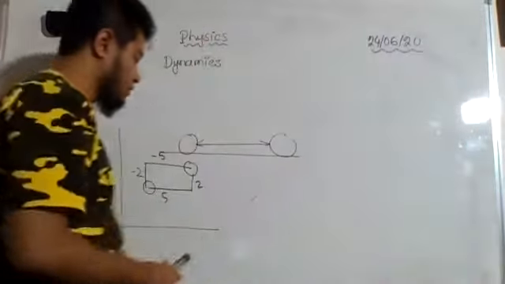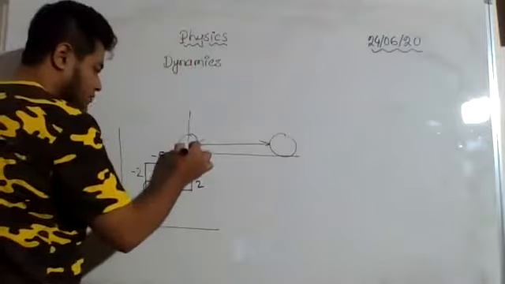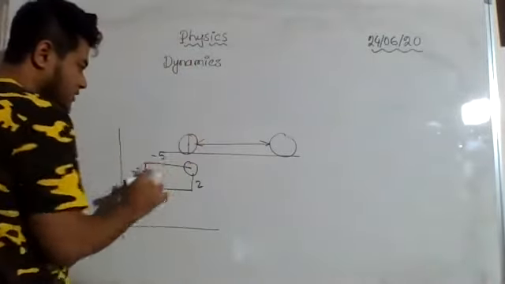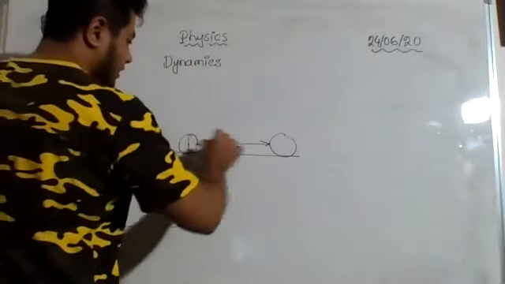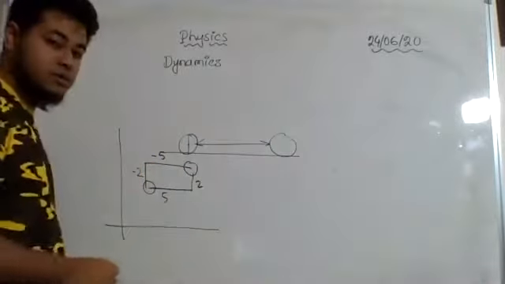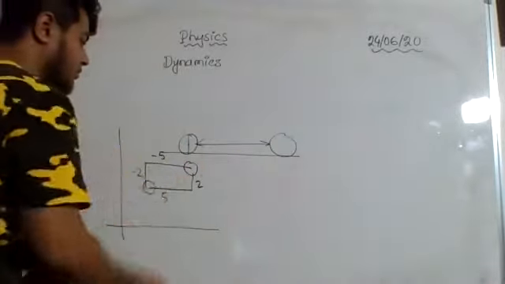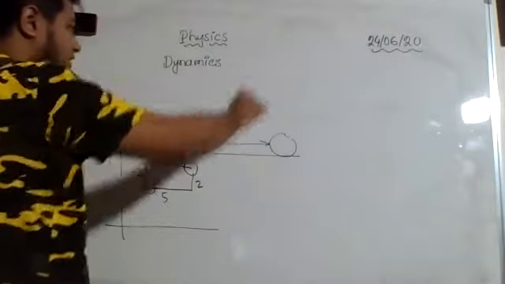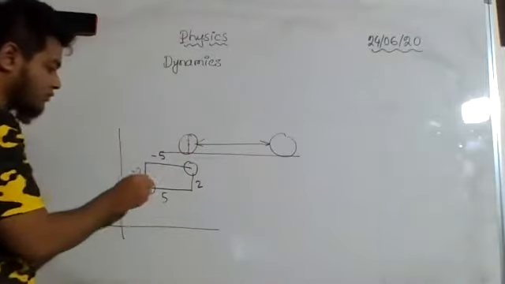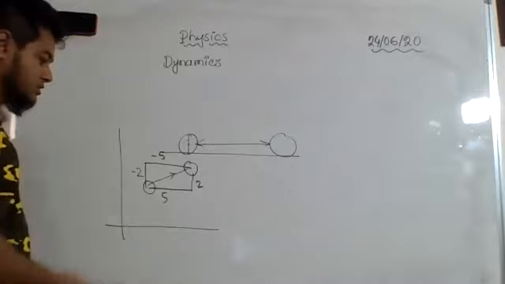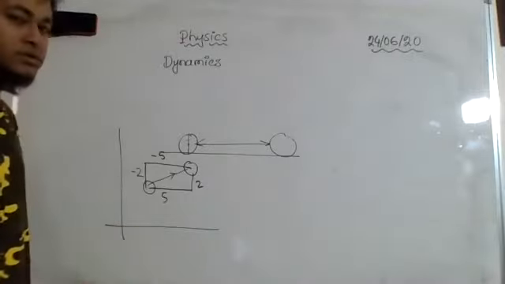There has to be an origin point. Let us say this is our origin point here. Okay, so from here we are moving right or left direction, just along this straight line. We cannot move in that direction, because whenever we move in this direction, it becomes a two-dimensional coordinate system.